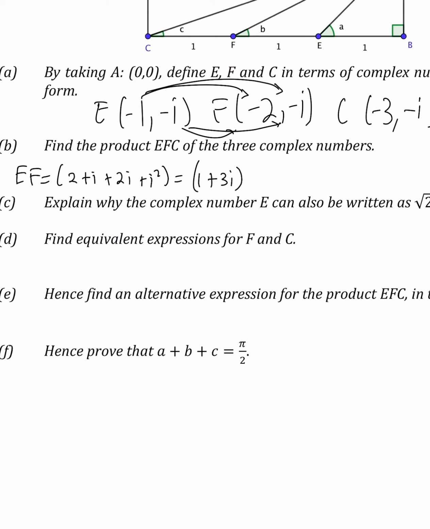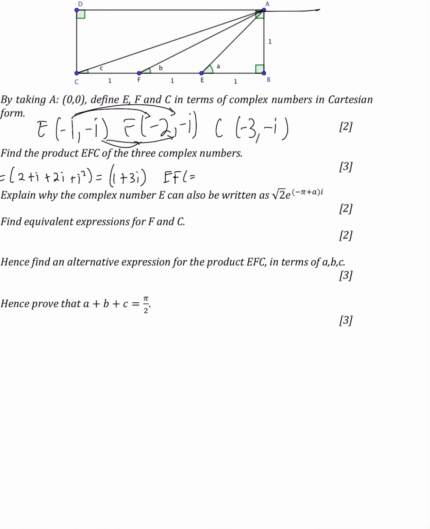All right, and therefore EFC is equal to 1 plus 3i times minus 3 minus i, which is equal to 1 times minus 3 is minus 3. 1 times minus i is minus i. 3i times minus 3 is minus 9i.